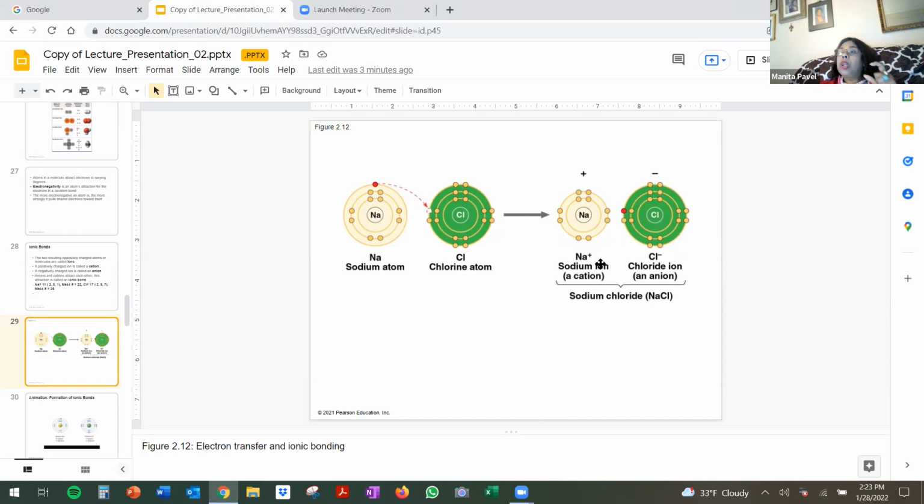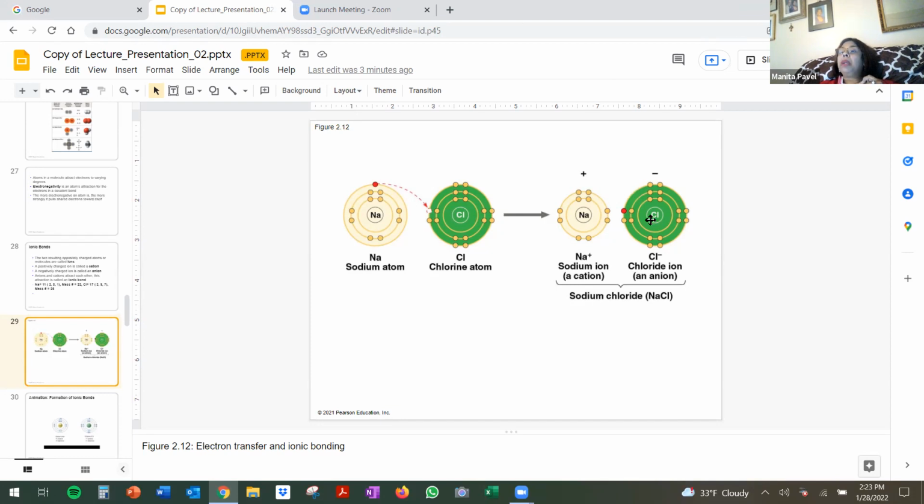So what second important criterion to remember? When that element has a positive charge, immediately you should know that that atom has given away its electron. Therefore, it becomes positive, a cation.